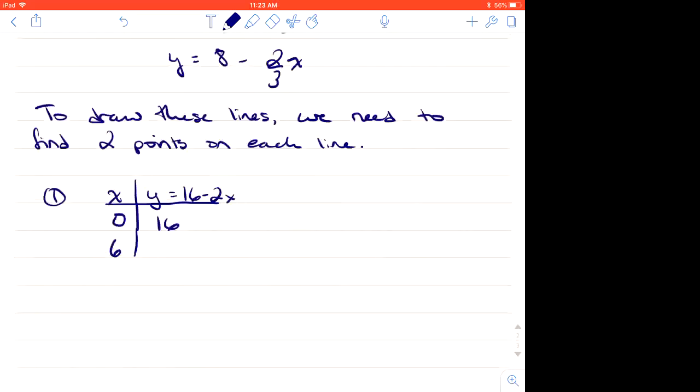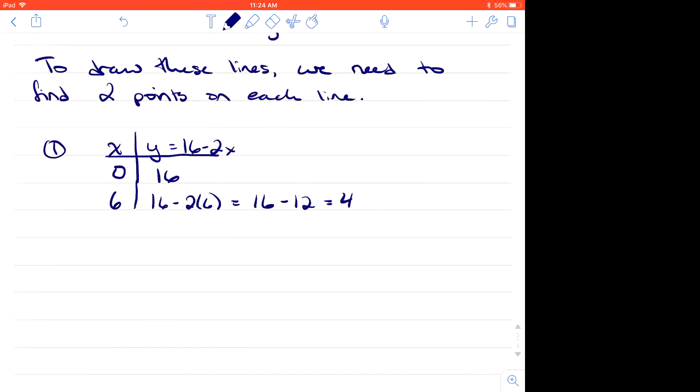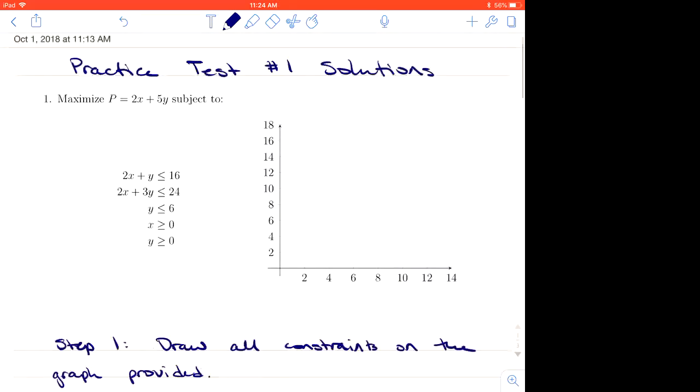So 6, so then we get 16 minus 2 times 6, 16 minus 12. So in terms of our points, we've got a point at 0, 16, and a point at 6, 4. All right. So I'm going to actually steal this.